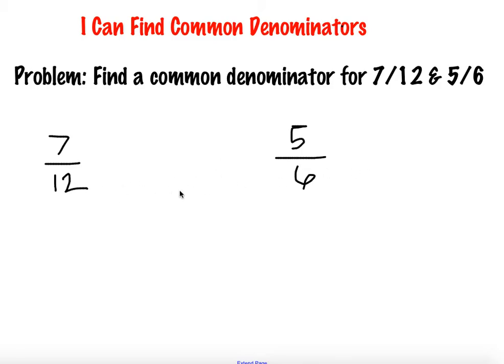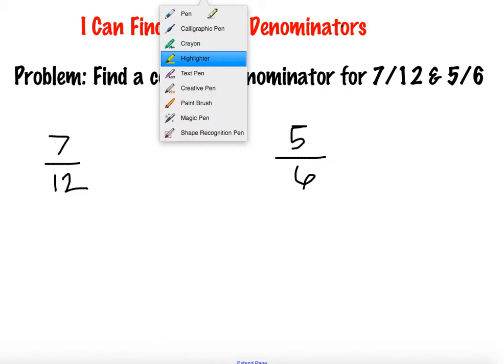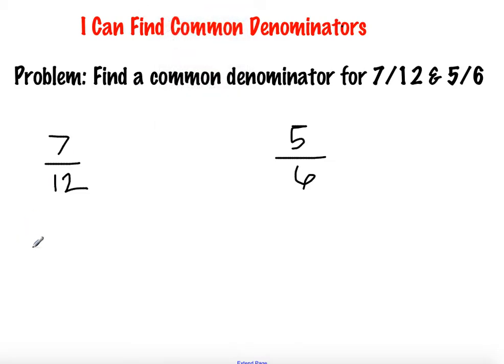So we want to find a common denominator or the same number on the bottom of the fraction. So the easiest way to do this first is to simply multiply the denominator and the numerator by the opposite number. So take this for example, 7/12ths. Well, I see that I'm trying to find a common denominator for 7/12ths and 5/6. So what I'll do is multiply this fraction by 6/6 because that's my denominator.